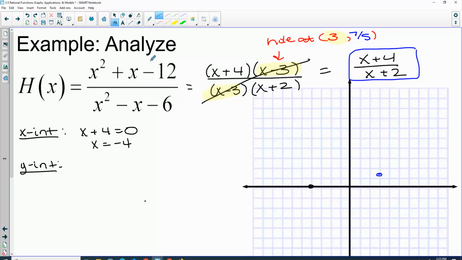So if we put in 0, again, can be the original, can be the reduced one, does not matter. I get 4 over 2 or 2. Vertical asymptote. It's what makes the denominator 0. So that is x equals -2.